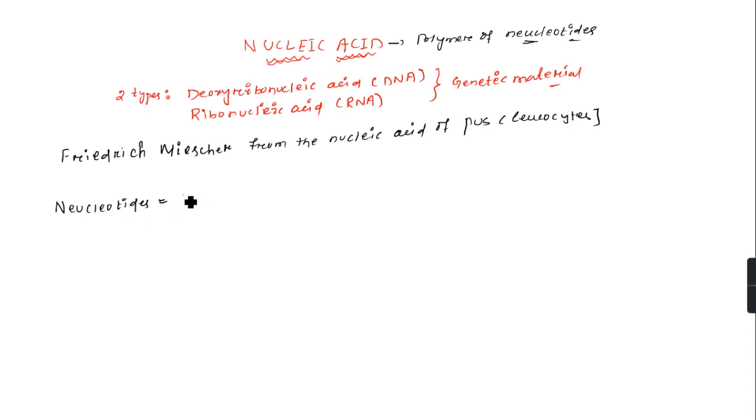Nucleotides are nucleosides plus phosphates, and these nucleosides are divided into two parts: base, which we call nitrogenous base, and sugar.